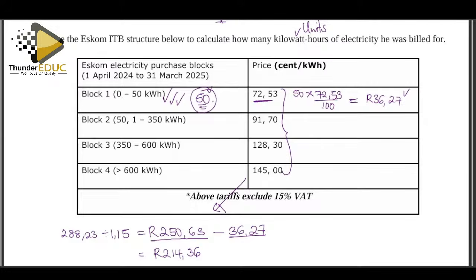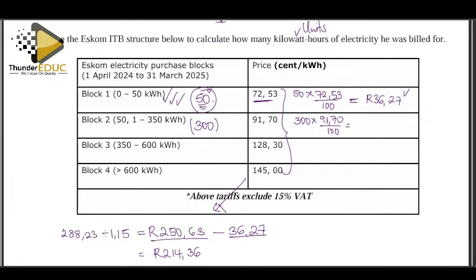Block number 2 will need 300 watts. If it needs 300, how much would someone have paid for 300? We test it and we find 300 times 91.7 divided by 100. Why do we divide by 100?